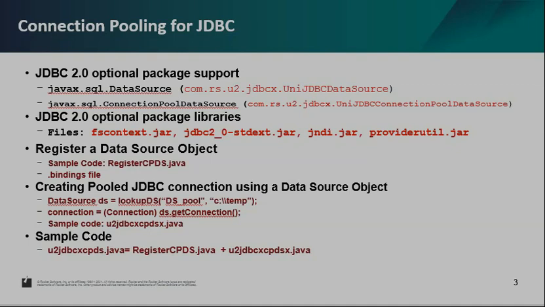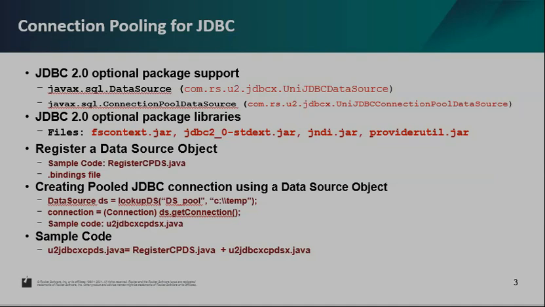For my testing, I can put it in C:\temp on Windows, and on Unix you would put it in /tmp. Actually you can put it anywhere you want. You just need to specify the path to put the data source object in any folder as you need.